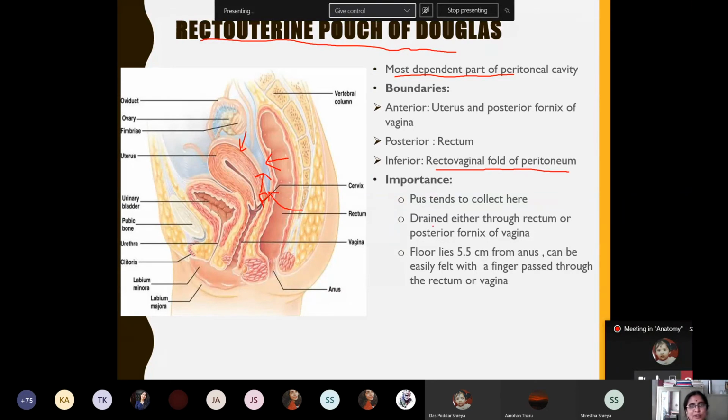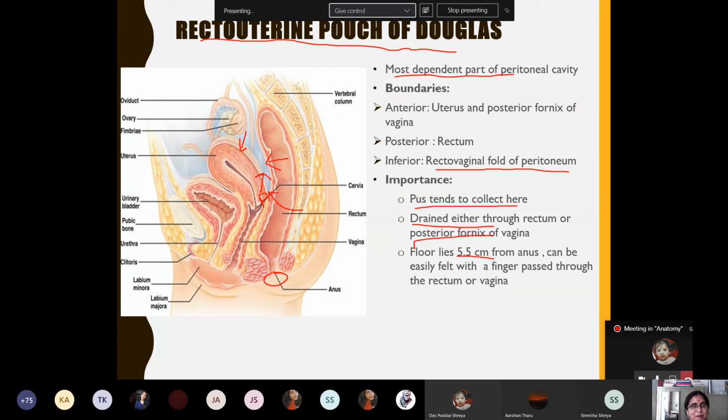In the standing position, it is the commonest site for the collection of the pus. This pus and the fluid can be drained either through the rectum or through the posterior fornix of vagina. This floor of the recto-uterine pouch of Douglas lies about 5.5 centimeter above the anus. This is anus.